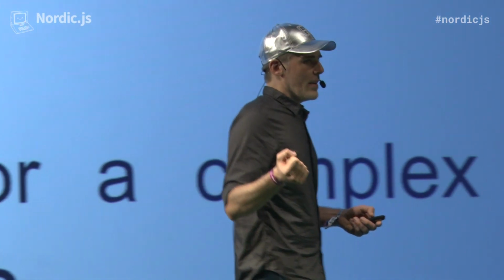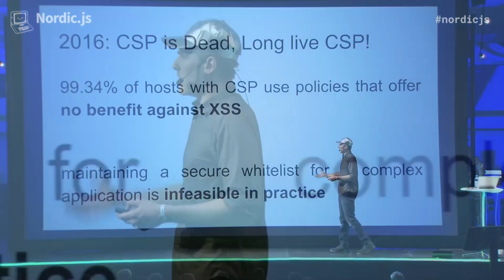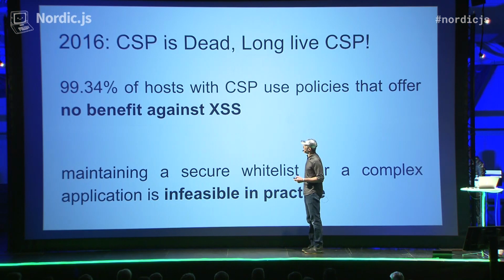So CSP, remember, sits on the pipe between application code and the browser internals, so any XSS has to be a result of a policy failure. And so it seemed that people weren't writing good policies.